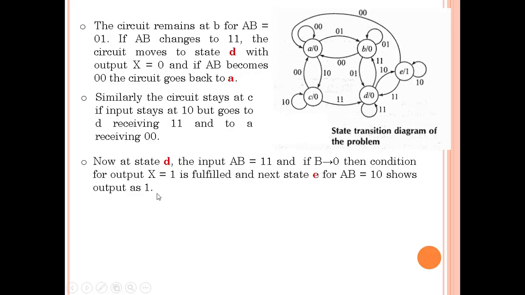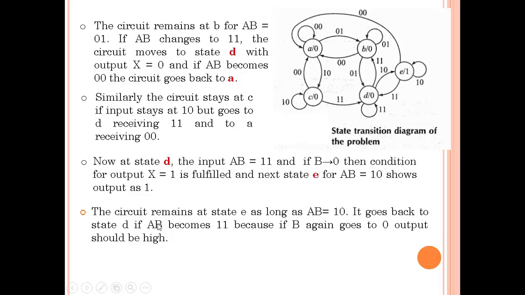1 here. The circuit remains at state E as long as AB is equal to 1 0. It goes back to state D if AB becomes 1 1, because if B again goes to 0, the output should be high.